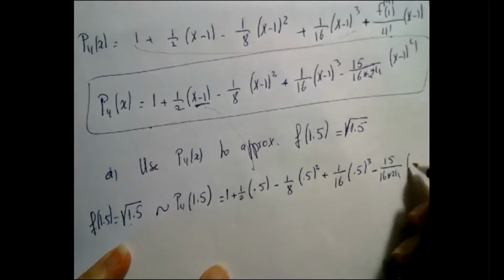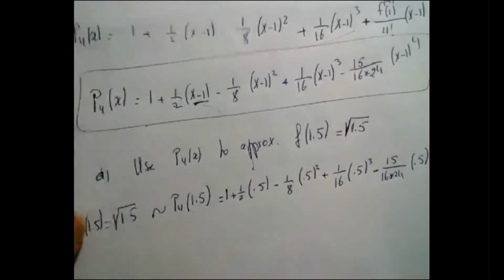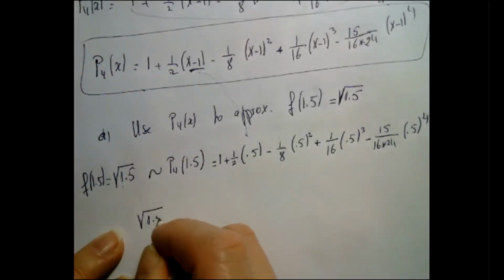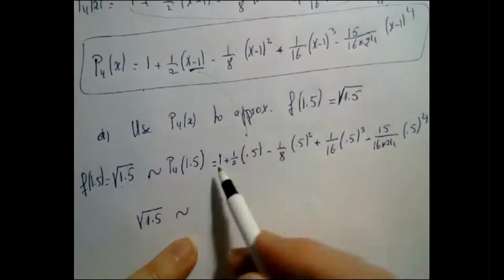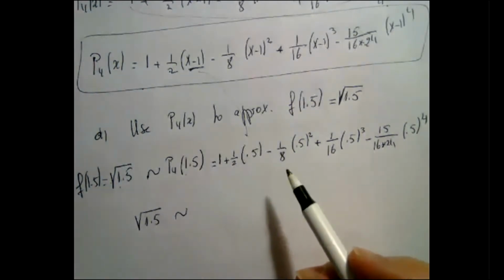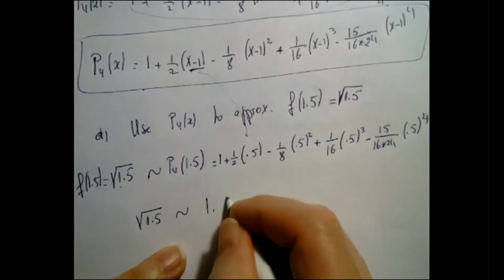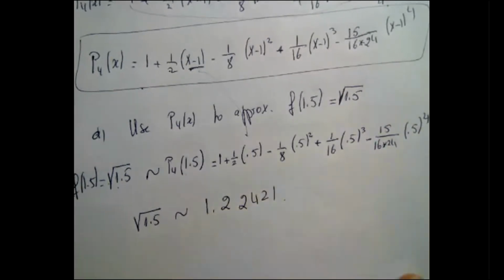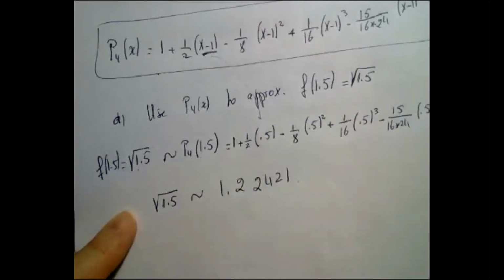I know we can simplify this, but you can do that. So the square root of 1.5 we're approximating by plugging 0.5 into the expression here, and I picked up my calculator and got 1.22421. So use P4 to approximate this. That's really my good approximation.